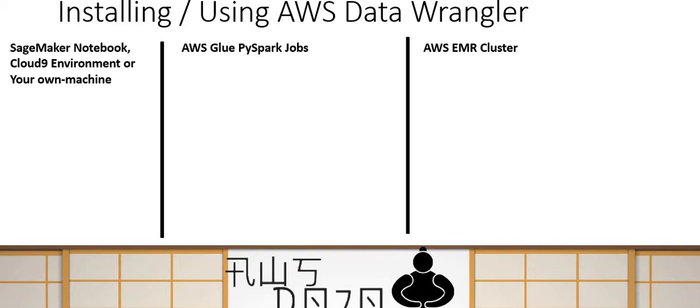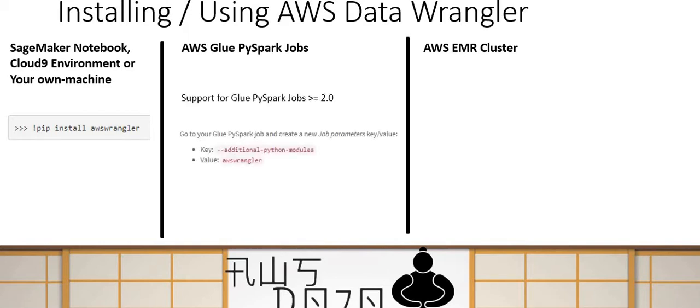In that case, you need to have a Python 3 environment in your notebook or Cloud9 or your own machine, and then you can simply use the pip install method to install AWS Data Wrangler, and then simply use the libraries of Data Wrangler to make your Python Pandas work with AWS data services. That's one way you can use it.